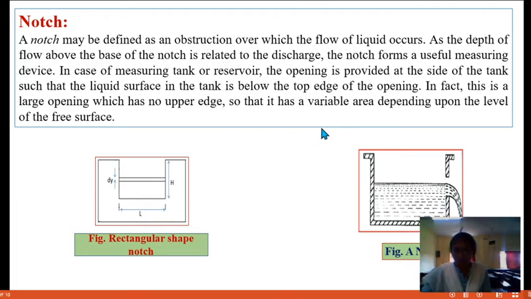Up to reaching this height, the water on the upstream side does not come to the downstream side. Only after reaching this height does it flow downstream. Until then the water level on the upstream side stays below the top edge. This opening is called a notch. So this is the actual definition of the notch.